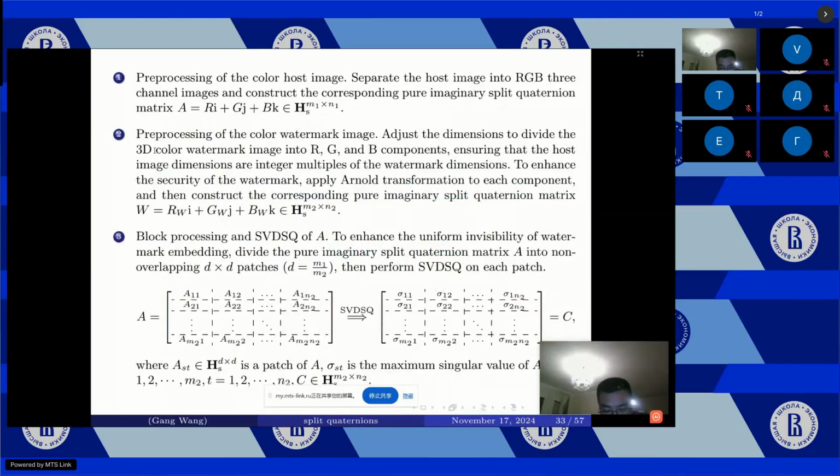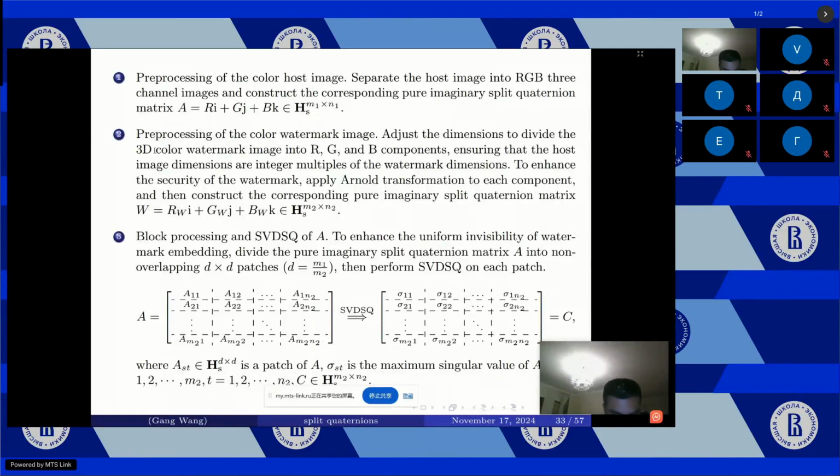The watermark embedding process involves several key steps. First, we preprocess the color host image by separating it into RGB channels and then constructing a pure imaginary split quaternion matrix.